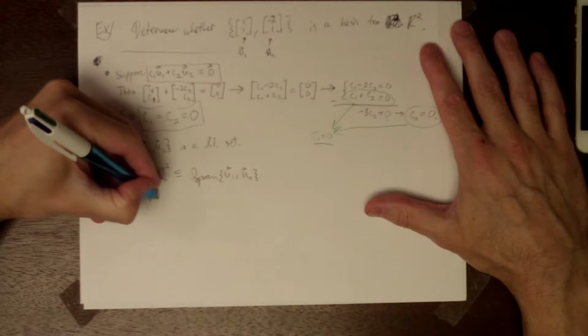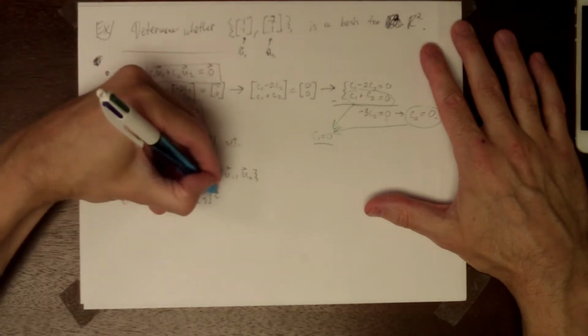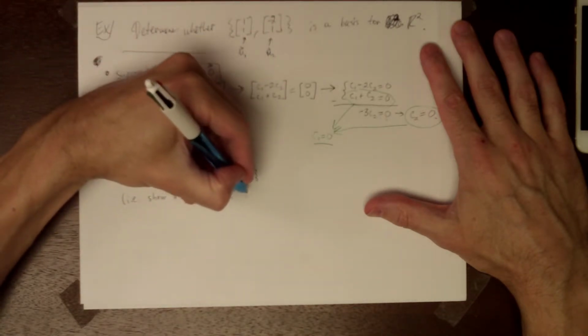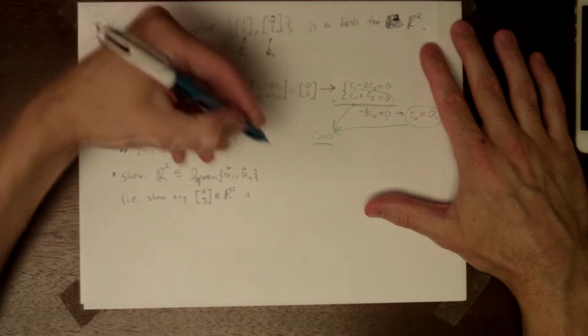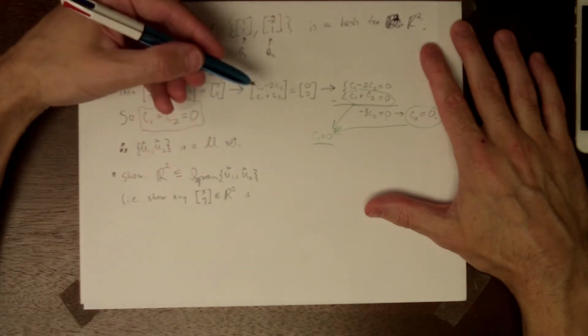I.e. show any x, y in R2 is expressible as some linear combination of the vectors u1 and u2.